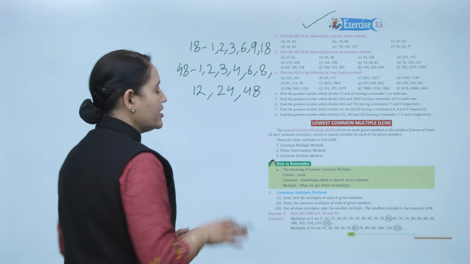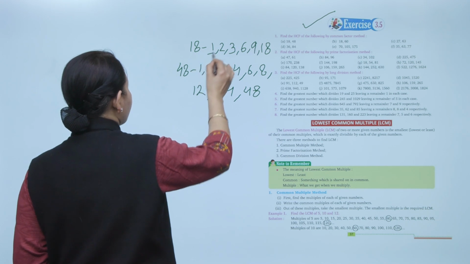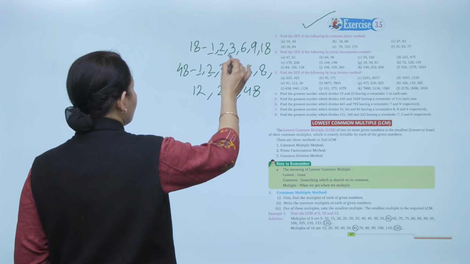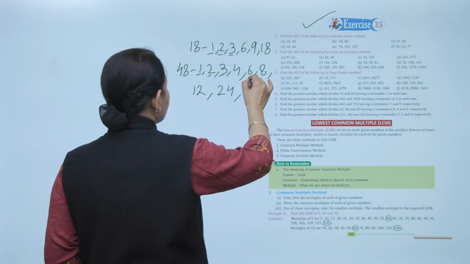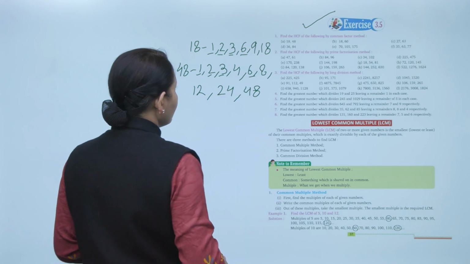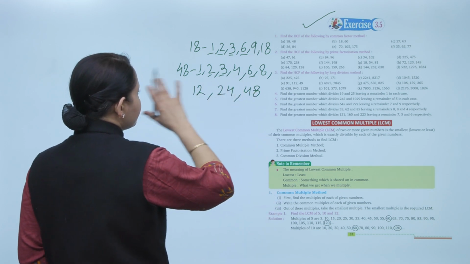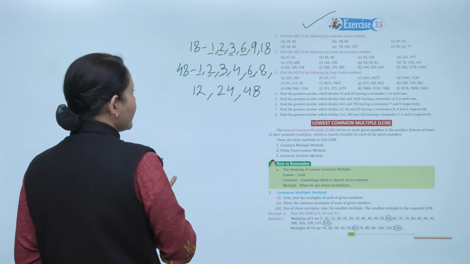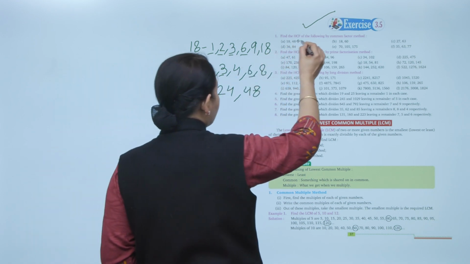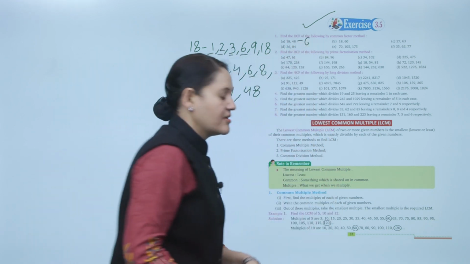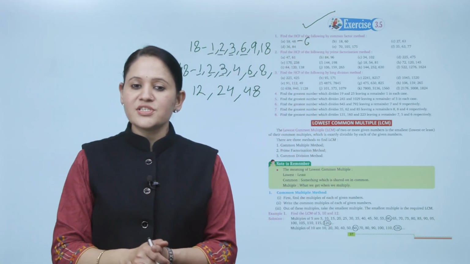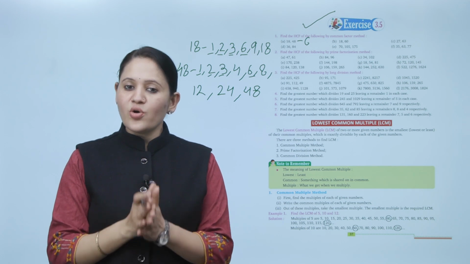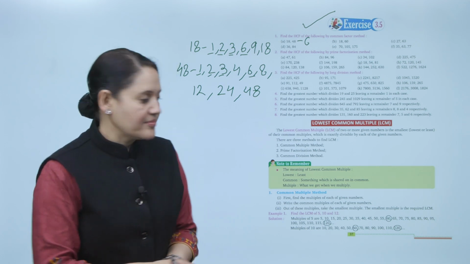Now we have to find the common factors. Common factors are 1, 2, 3, 6. Out of that, 6 is the highest. So the HCF is 6. Clear? So practice all the questions of this exercise. Next is lowest common multiple or LCM.